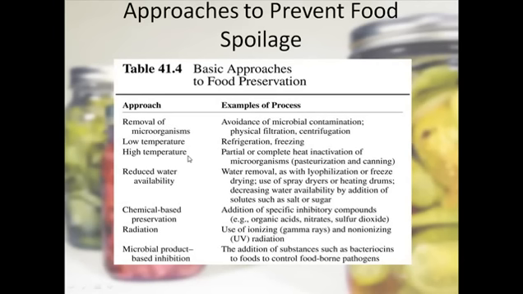Okay. And we have reduced water availability. How can we reduce water availability? By use of different salt contents, to drive water away from bacteria, so drive water away from food contents. We can use different halophilic environments, but there are some bacteria which can really grow in this high sugar and salt content.